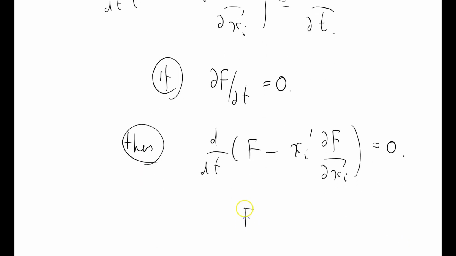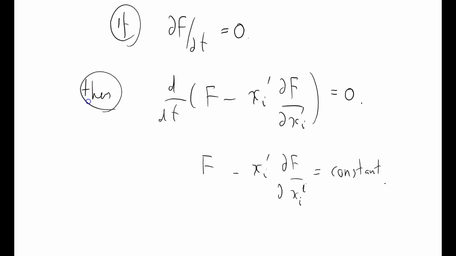And that tells me that f minus xi dash df dxi dash, that's downstairs, equals a constant. That's quite nice. And this is incredibly useful.